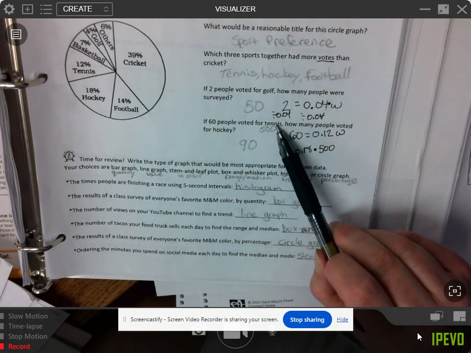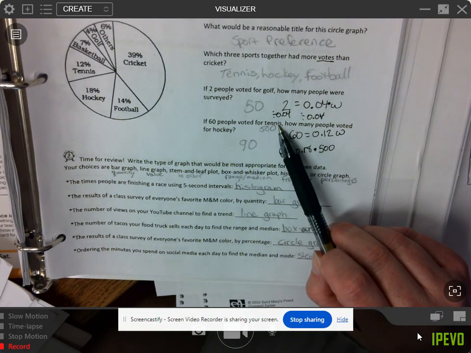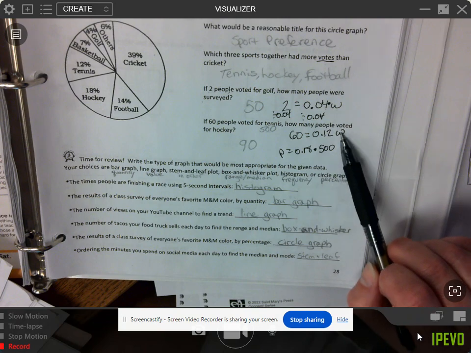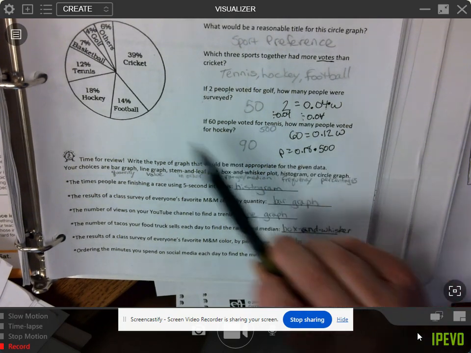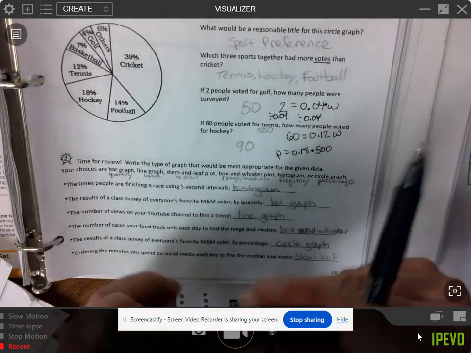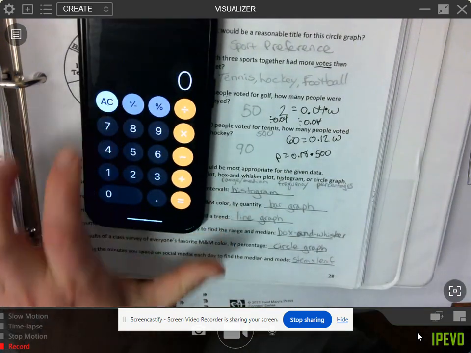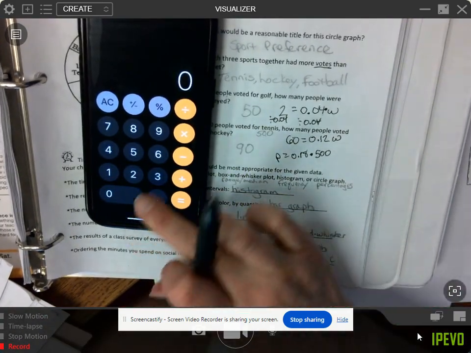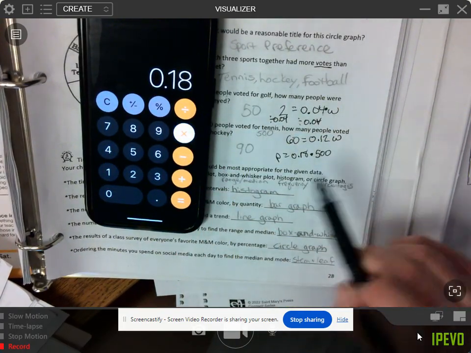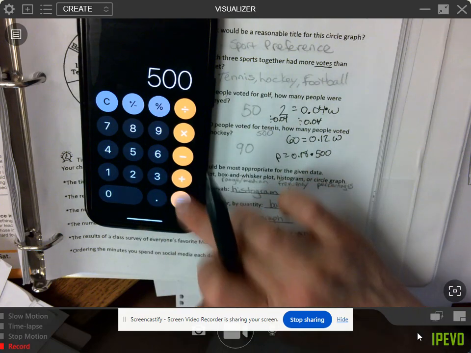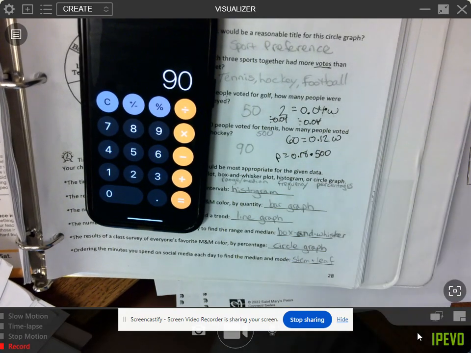I had to use my tennis information, and what was missing was the whole. Now I can use the whole and the percent to find out hockey. So now I have 0.18 times 500. And that's how I get 90. 90 people surveyed chose hockey.